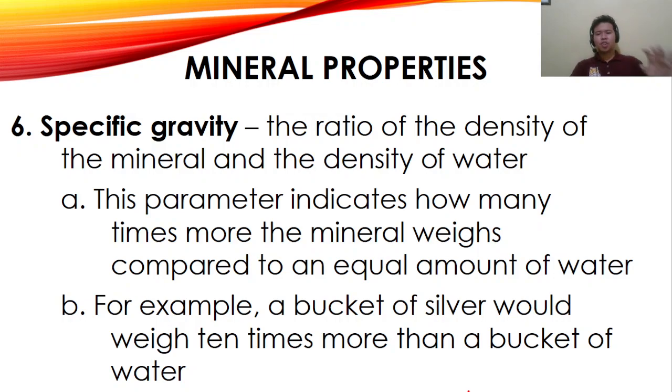Next, we have specific gravity. The ratio of the density of the mineral and the density of water is measured to determine the specific gravity of a mineral. This parameter indicates how many times more the mineral weighs compared to an equal amount of water.